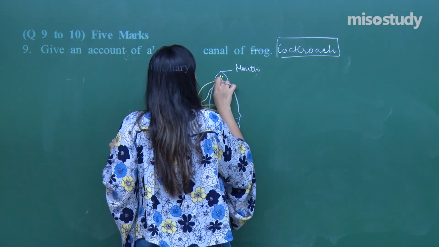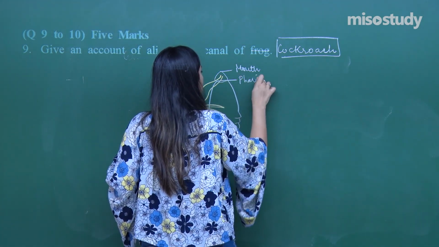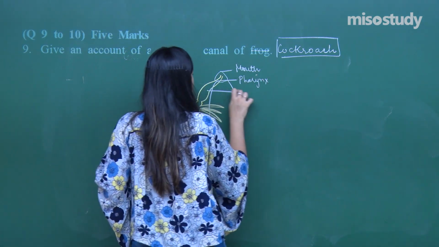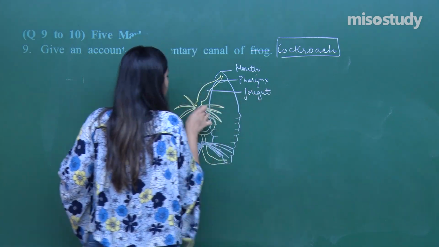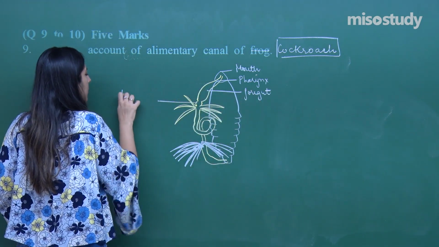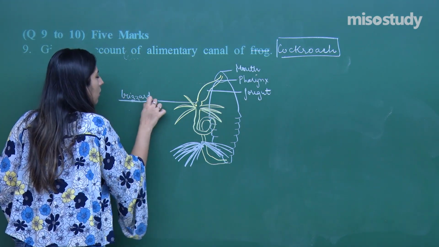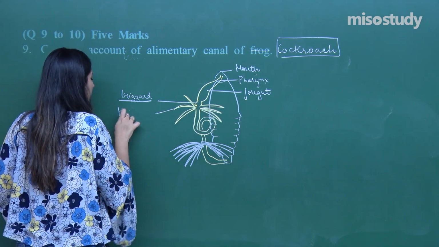After that, we have the pharynx present. This is called the foregut. This portion is called the gizzard. After that, this portion is called the hepatic caecae.